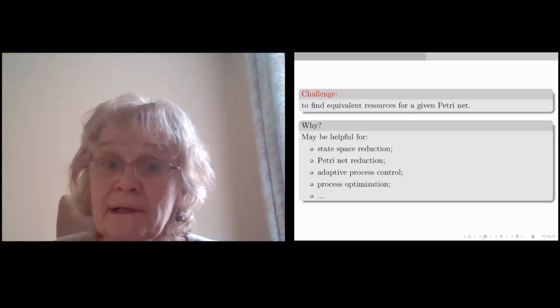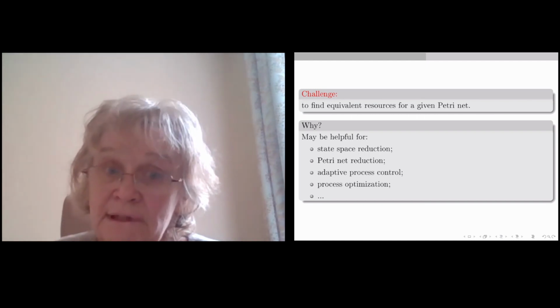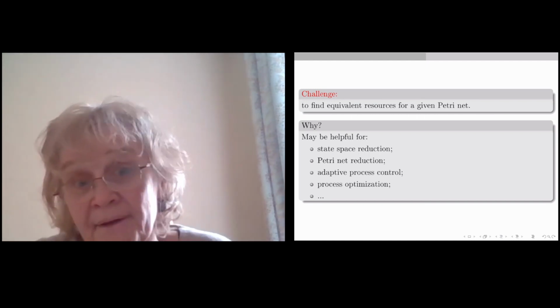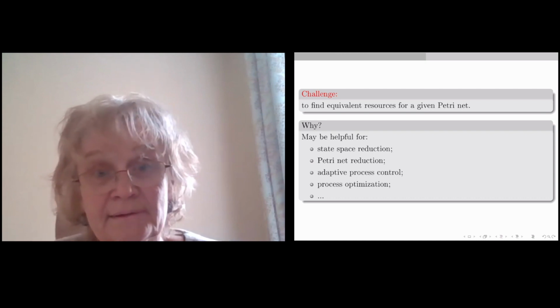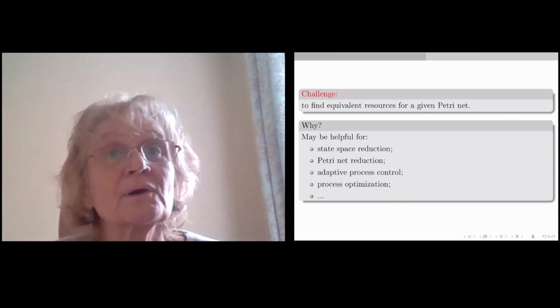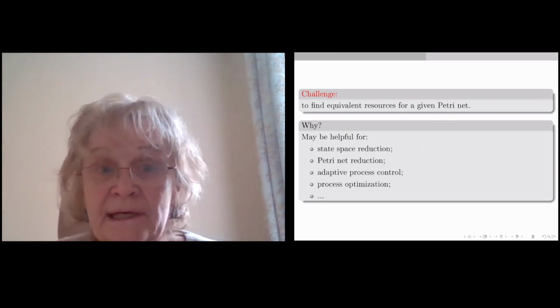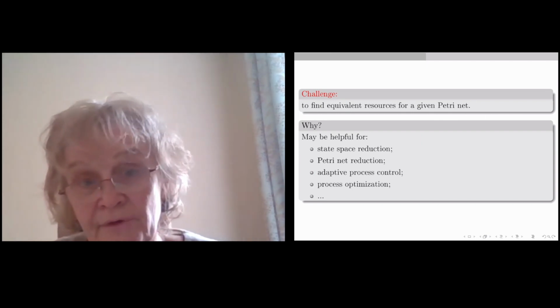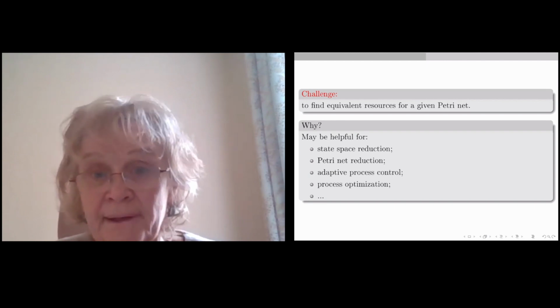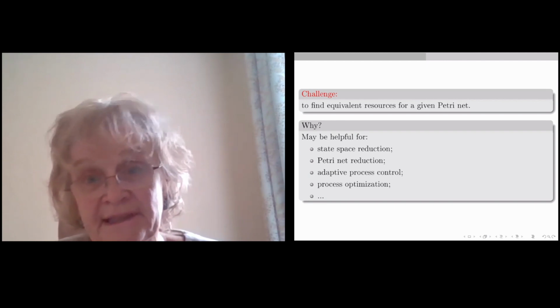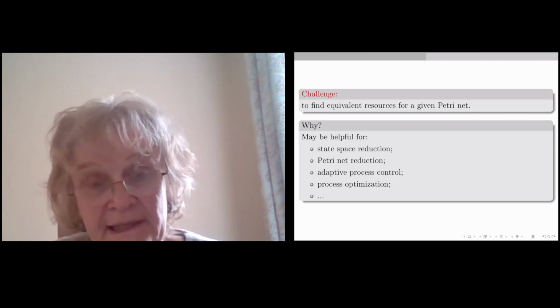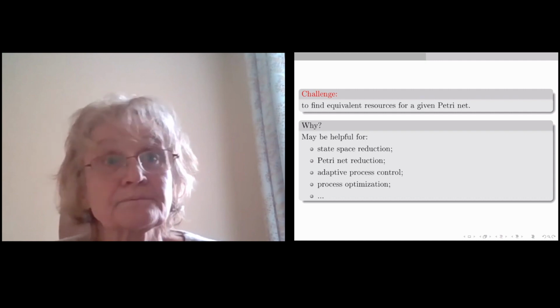So then we call some sub-markings, they look like general markings. We call them equivalent resources if we can substitute one resource for another in any marking, and we have the same behavior, the same up to bisimulation.